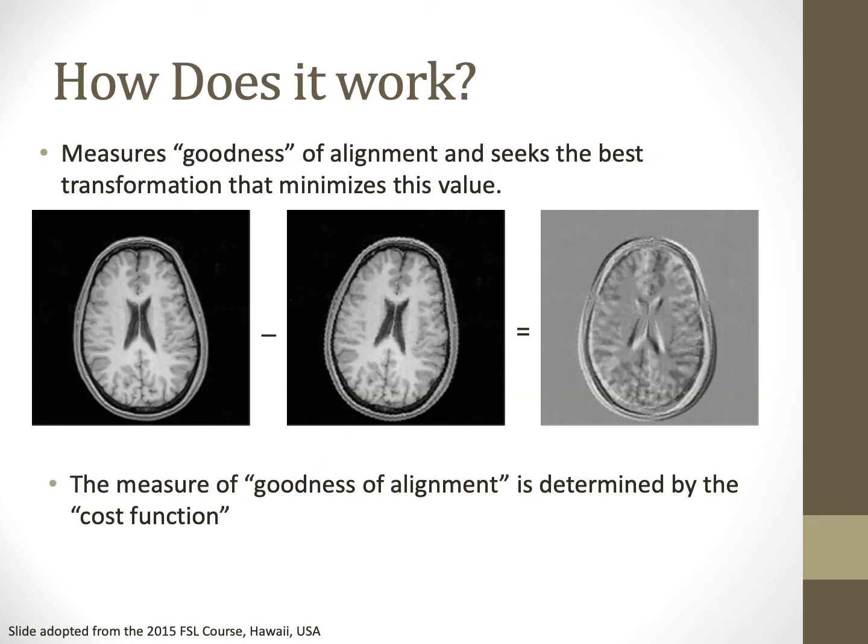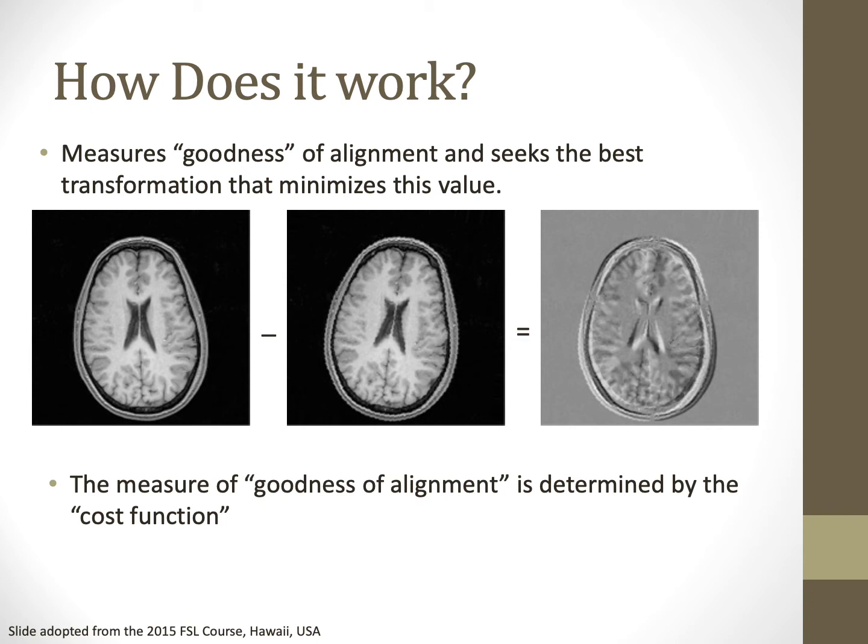So how does registration work? Typically what happens is we take our input image and try to apply some type of initial transformation that tries to align that image to our reference image. And then a measure of goodness of that alignment is computed to tell the algorithm whether or not that transformation is good.